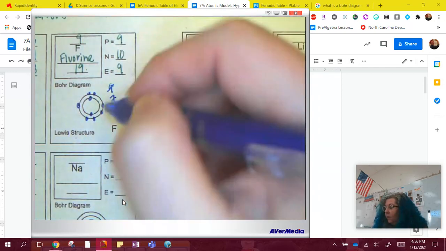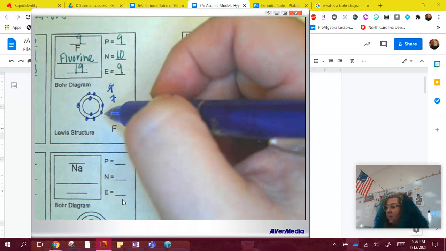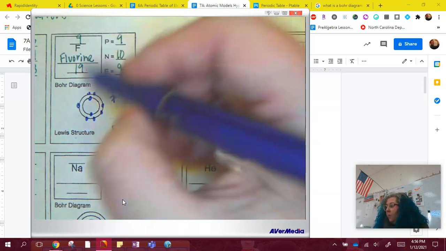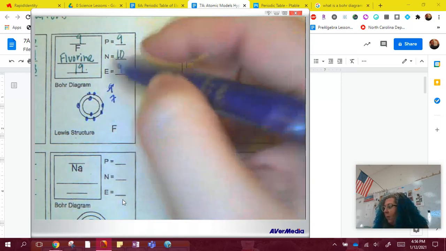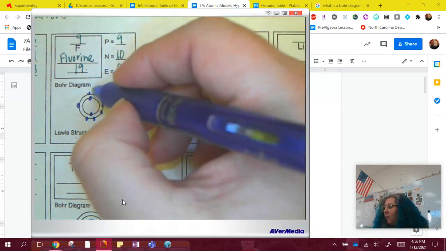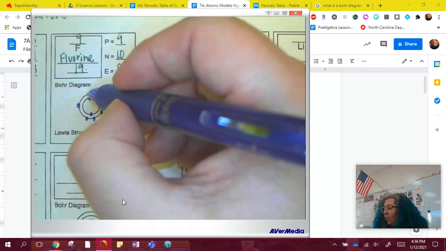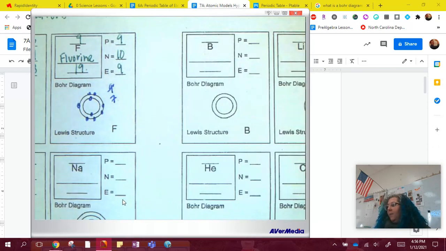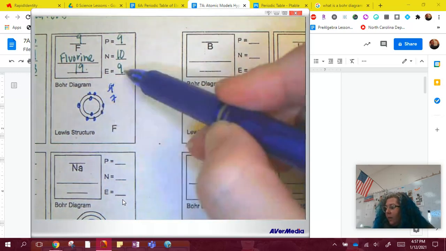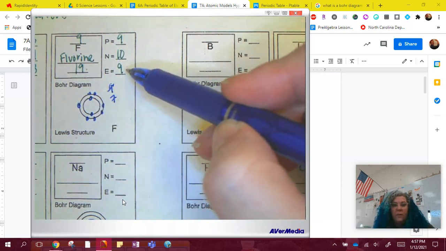Didn't we say the second shell holds 8? So we actually have 1 extra space. Everything fits into this shell, so we don't need to make a bigger shell. Now that we've used all 7, we should have a total of 9: 1, 2, 3, 4, 5, 6, 7, 8, 9. So we have 9 total electrons on our Bohr diagram, which matches the total electrons in fluorine.